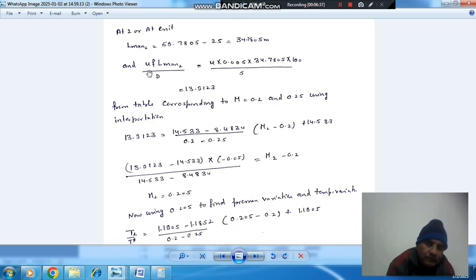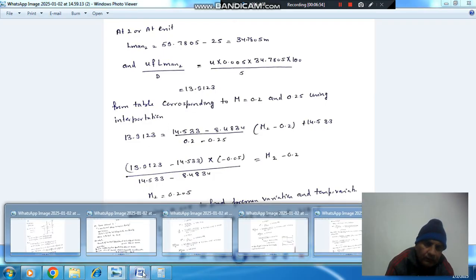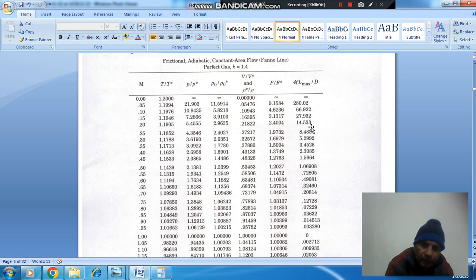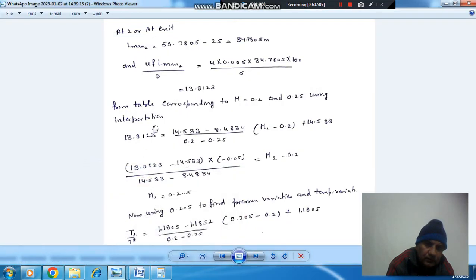Now corresponding to this 34.7805 we find 4f L max 2 by D, and that will come out as 13.9123. So now in the table we have 14.533 and then 8.4834. So 13.9 is in between 0.2 and 0.25.